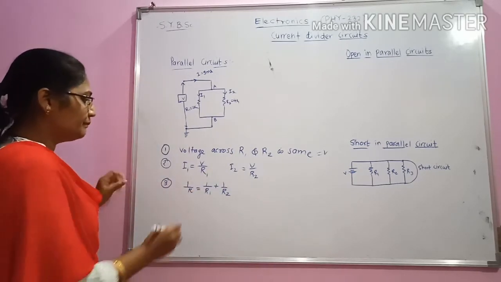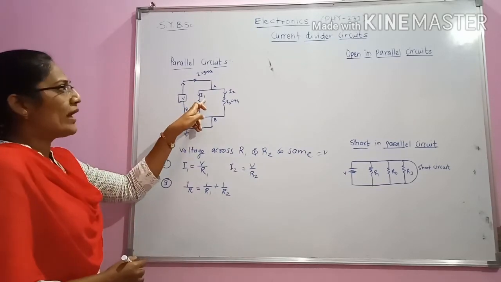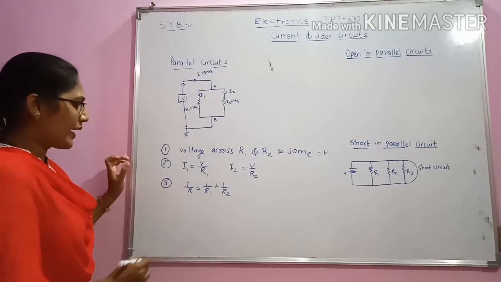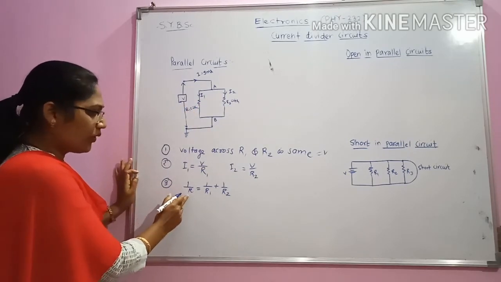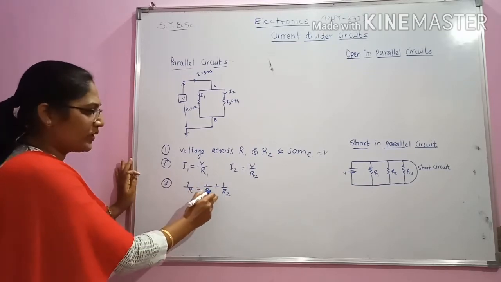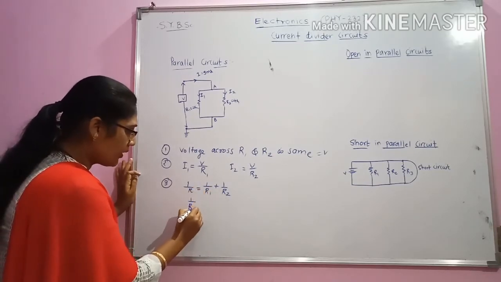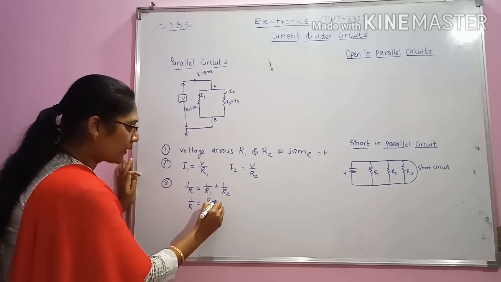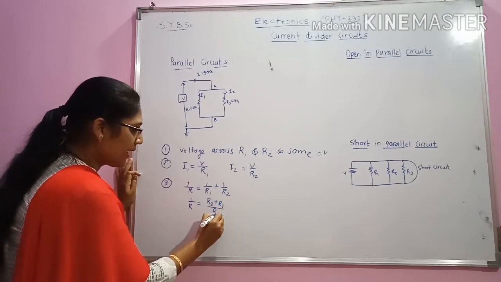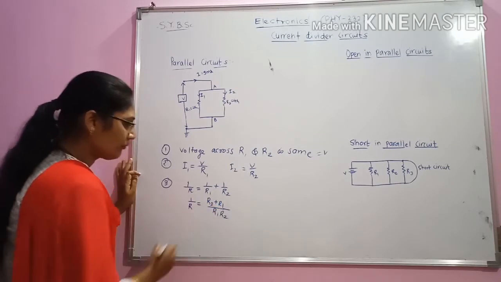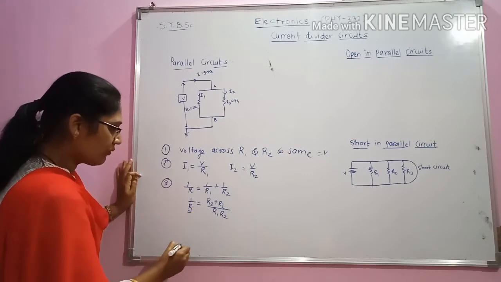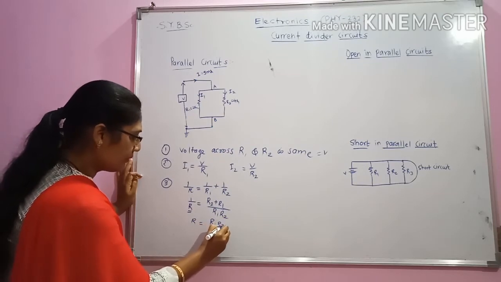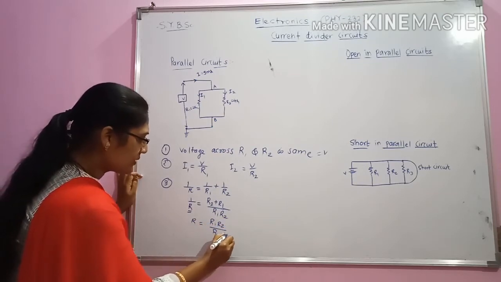Now we will try to find the values of I1 and I2. In order to find them, we have just seen that 1 upon R is equal to 1 upon R1 plus 1 upon R2. It means that 1 upon R is equal to, cross multiplying, R2 plus R1 divided by R1 R2, and hence the value of R is R1 R2 divided by R1 plus R2.